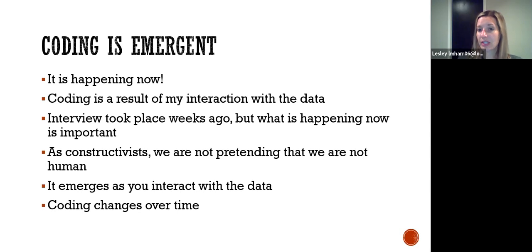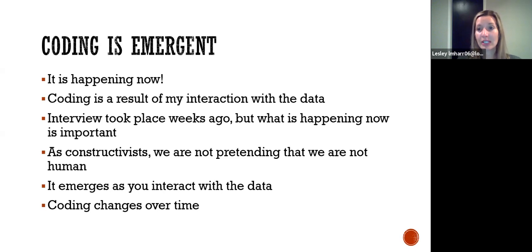As constructivists, we're not pretending that we are not human. So my coding can change over time. If I'm coding in my basement without any windows with a headache, my coding can look very different than if I'm in a beautiful room with chocolate and a breeze blowing in and it's a lovely day.